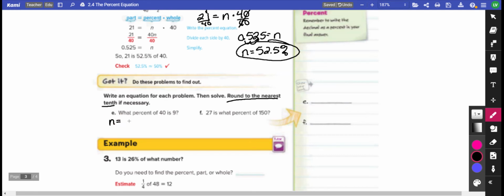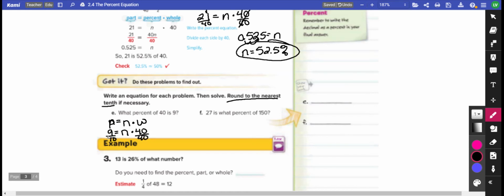Well, part equals percent times the whole. Whoops, my apologies. That is part equals percent times the whole. 9 is my part. I don't know my percentage, and I know my whole is 40. So I'm going to divide both sides by 40.